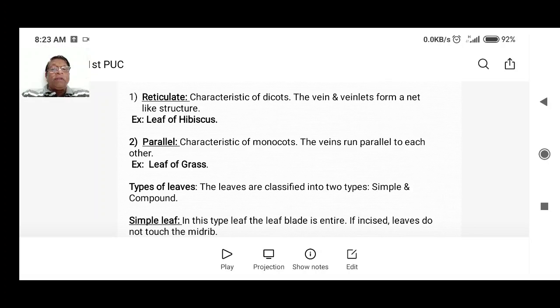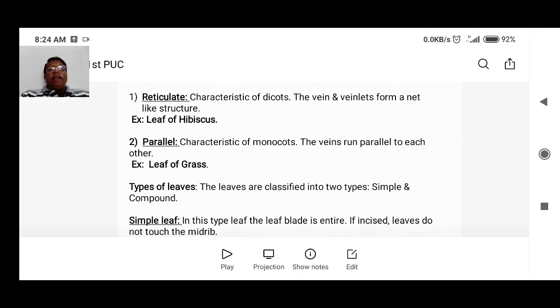The simple leaf is one in which the leaf blade is entire. Entire means that the leaf blade is not dissected. Such leaves are called simple leaf.